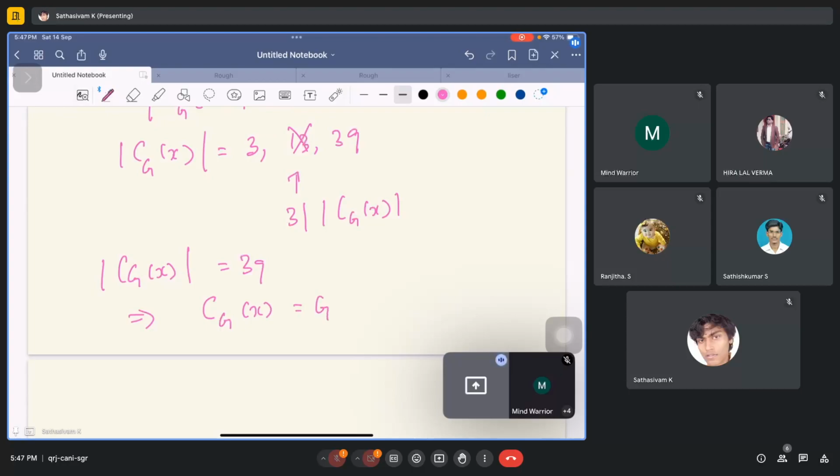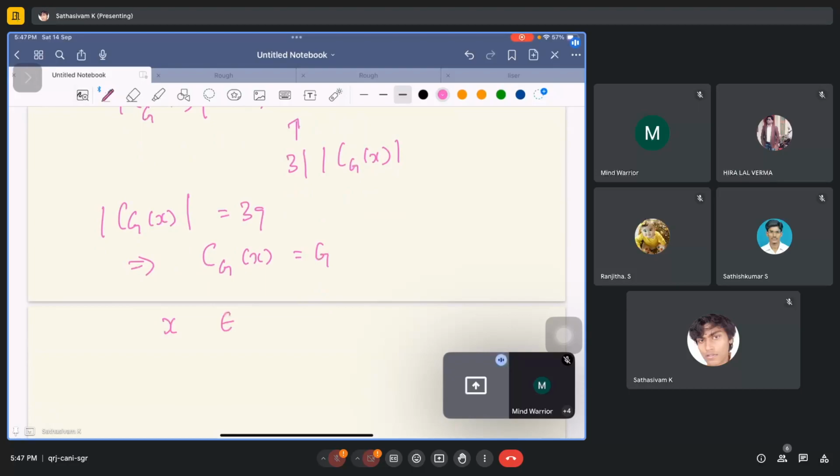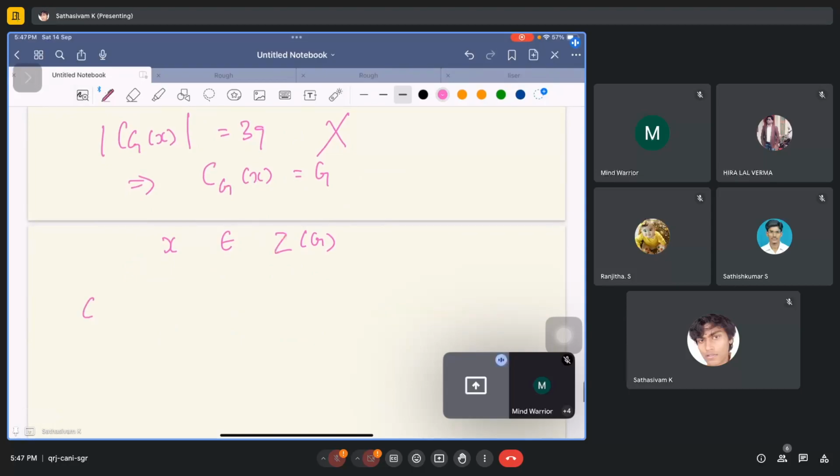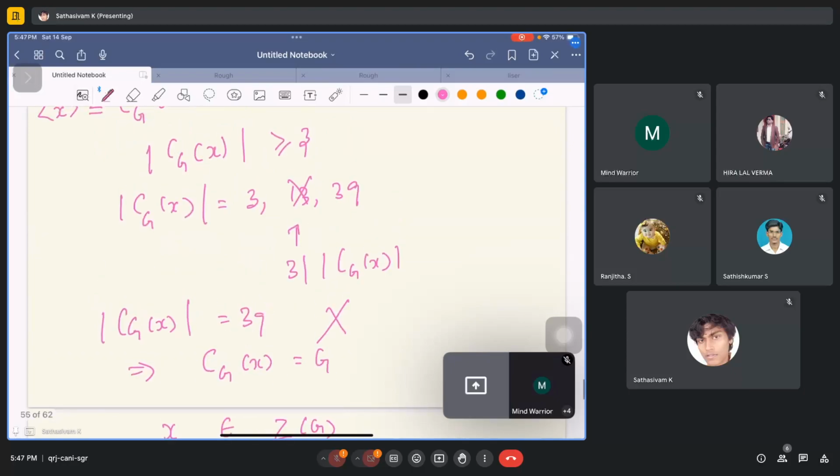If the centralizer is G itself, that means X belongs to the center of G. But we have seen that the center of G is equal to 1. That is not possible. So this is also not possible. We eliminated these two, so what remains is that the size of the centralizer is just 3.